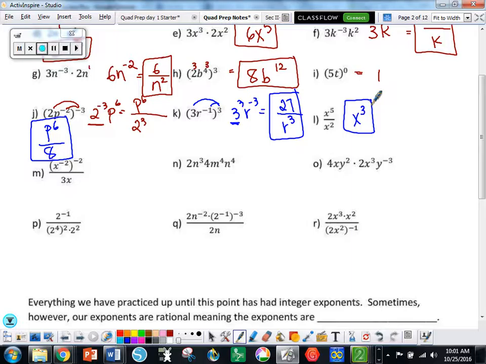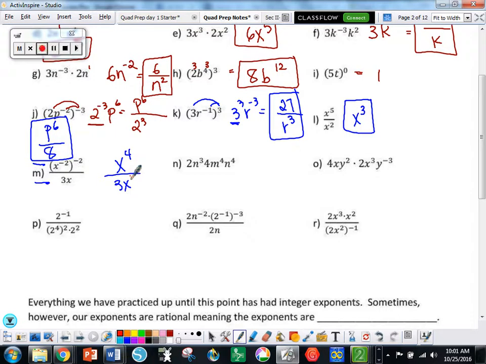Looking at part M, you have two things happening here. If you ever look at something like this, simplify the top, simplify the bottom if you can, and then combine the top and the bottom together. So looking at the top, you have x to the negative 2, to the negative 2. What will that be? X to the what? Good. Over, bottom doesn't simplify, 3x. So that's our first step. Second step, you have some on top and some on bottom. So what do you do there?